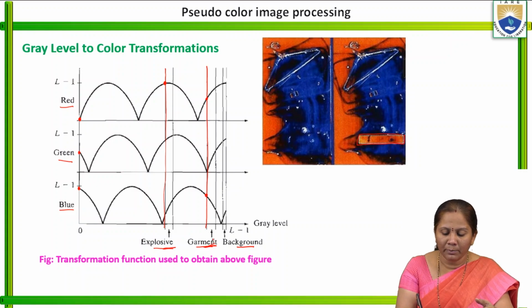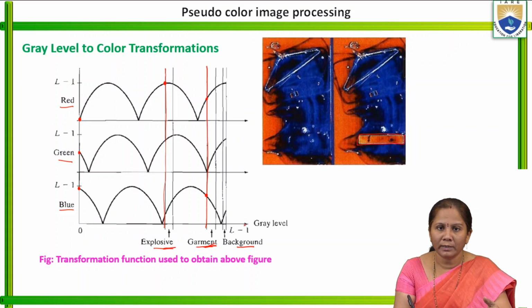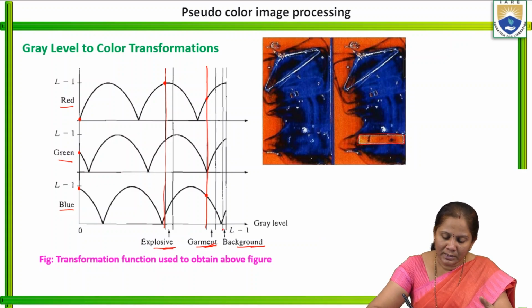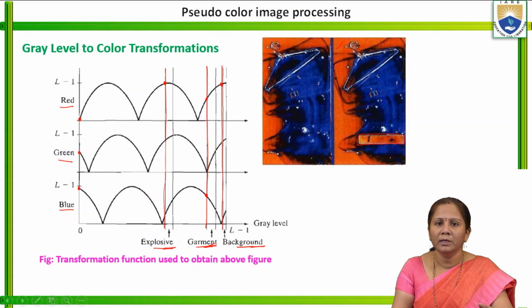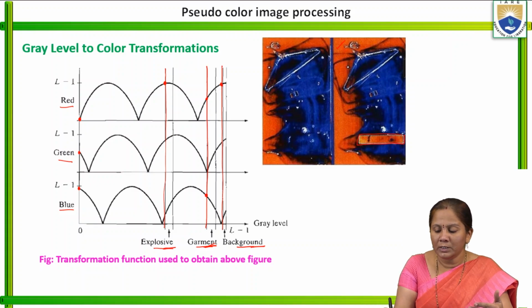That's why the garment bag is dominated with blue color. Another area is the background. If you consider this scale to represent the background, for the background also the dominant color is red. So that's why the background is also indicated with red color. So this is one transformation, which clearly shows the explosive device.